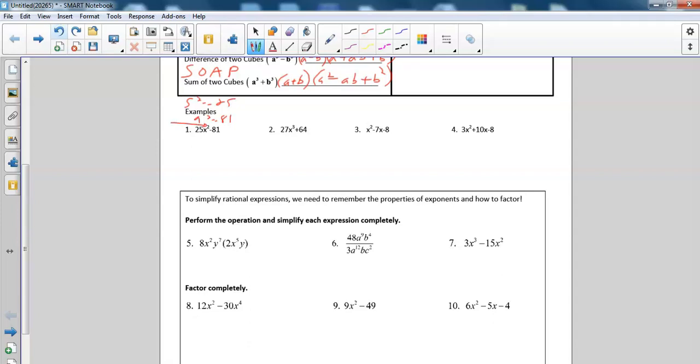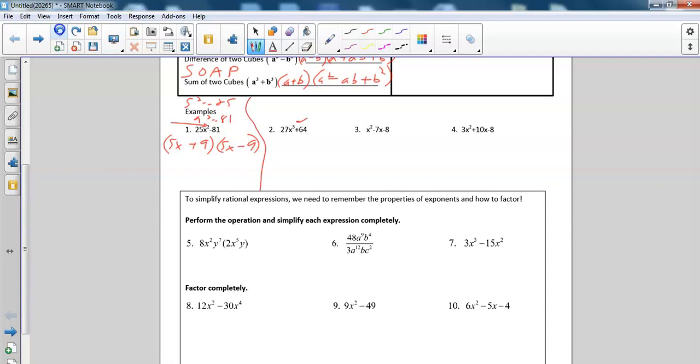So the square root of x squared is x, the square root of x to the 4th is x squared, the square root of x to the 6th is x cubed. So we're looking for even exponents for the difference of two squares. And then we just break it down into the square root of the first term, square root of the last term, 1 plus, 1 minus, we're done.